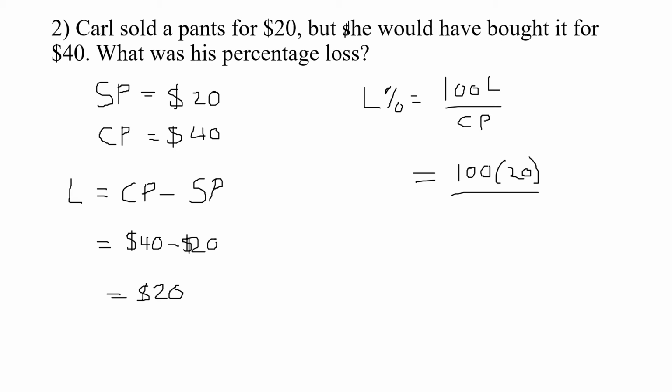And what is CP again? Our CP here is 40. So we stick to that. We ain't changing nothing. And from here, all we do is perform basic arithmetic. So here I'm taking my calculator. I know that 100 times 20 is 2,000, divided by 40. And here I get 50% loss.